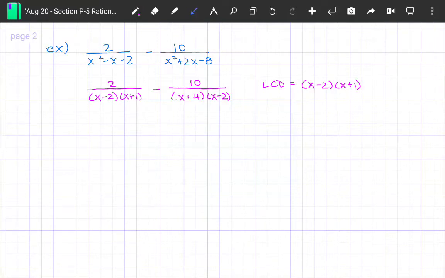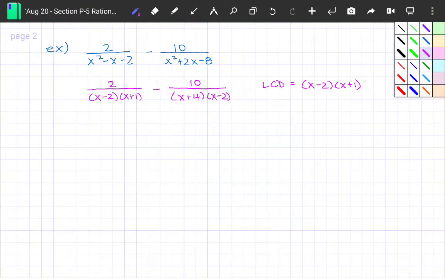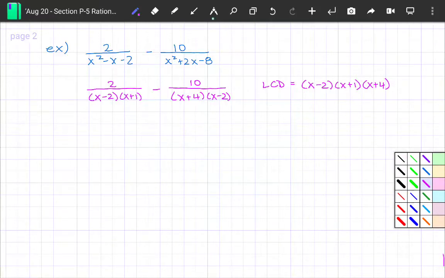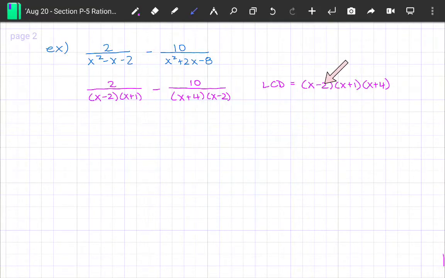That's my first denominator. Whatever that denominator looks like, that's definitely got to be part of your LCD. There's no question. Go to your next denominator. I had an x plus 4. That's not already in my LCD, so I need that. But there's an x minus 2, but I already got it, so I don't need it again.